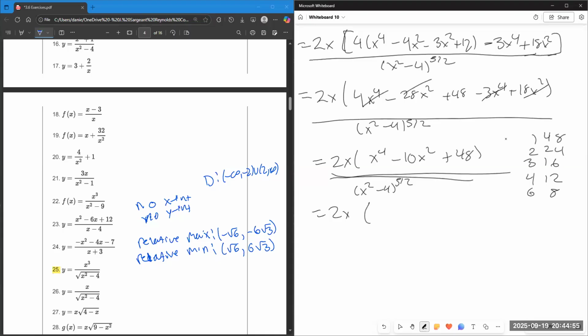The smallest sum is going to be 14, so no, that doesn't factor into rationals. I can tell you from the graph of this that there's no points of inflection. I really have no point in going forward here, but let me go ahead and graph this for you and see if this is ever equal to 0.